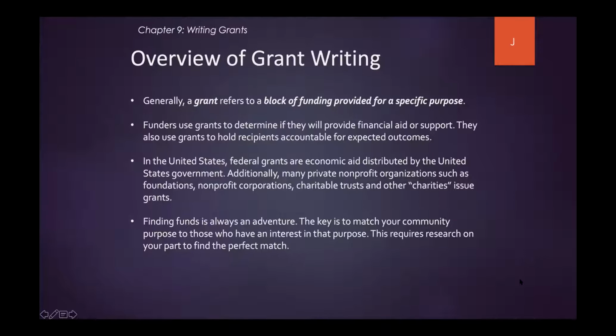All right, so a quick overview of grant writing. Generally, when we talk about a grant, we're referring to a block of funding, a set of financial resources that are provided for a very specific purpose.